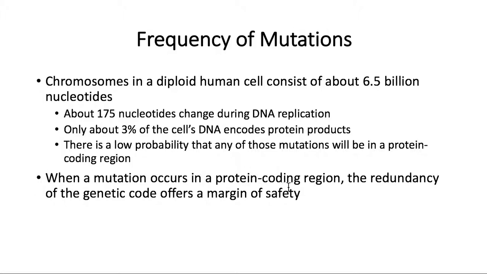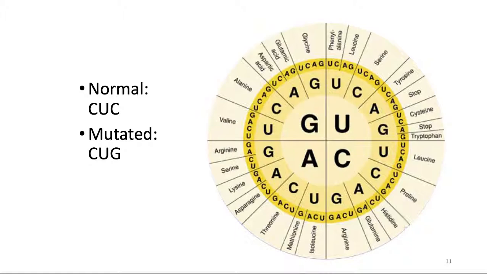When a mutation occurs in a protein coding region, there's a redundancy in the genetic code also that offers a margin of safety. So what does that mean? Well, this is what it means. Let's say that the normal mRNA is CUC, so that's the normal codon, and this is the mutated codon, CUG. So there's that mistake. Instead of a C, we have a G. But when we look it up, CUC codes for leucine.